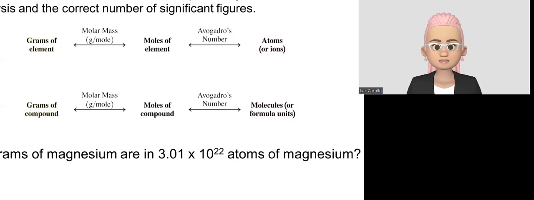So I want you guys to take a moment and predict what's going to be the mathematical operation in order for you to accomplish going from grams all the way to atoms, or going from grams of compound all the way to molecules.